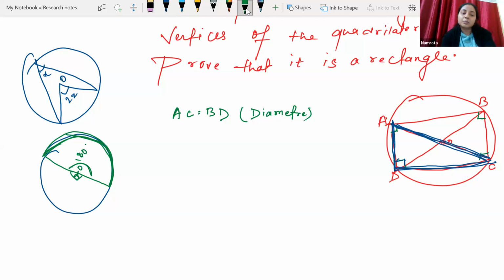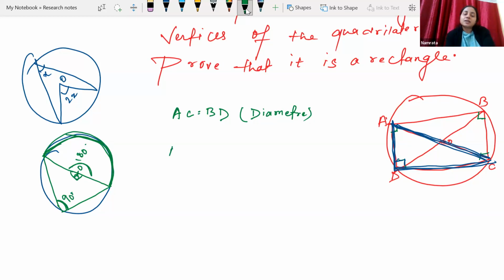And on the remaining part of the circle, the green arc is subtending this angle on the remaining part. That angle will be half of the angle at the center. So this will be 90 degrees automatically. Yes or no? Are you getting it? Yes, ma'am.